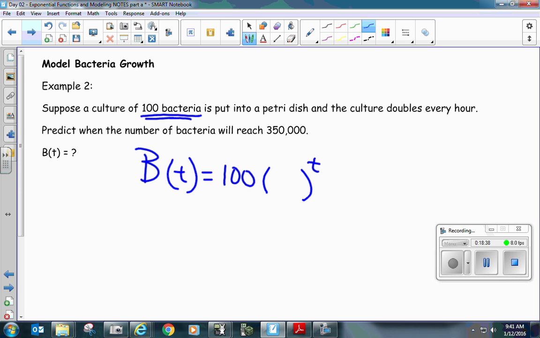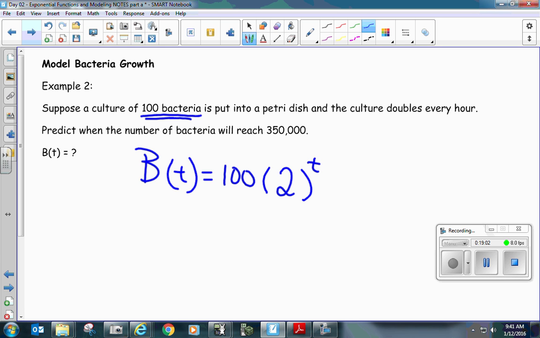Something's got to go there. The rate. It's got to be going up. What's it increasing at? It doubles. So guess what? If it doubles, that's 1 plus 1, right? 100%.